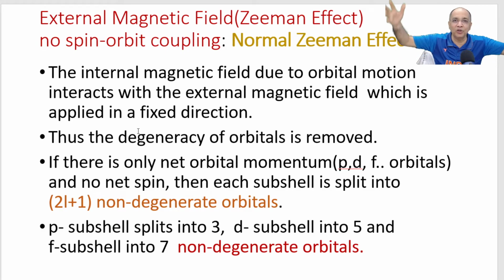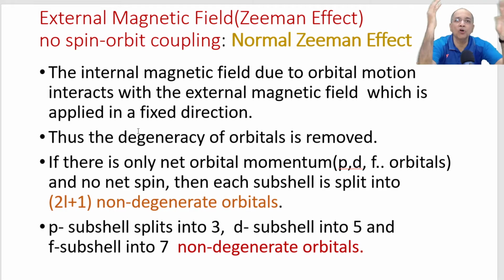The north pole and south pole are kept fixed, as you have seen in that picture. So the direction of the external field is fixed, and that field will interact with the orbital angular momentum. They will exchange energy and hence split the energy levels into more than one state.